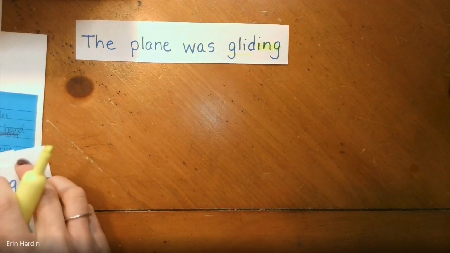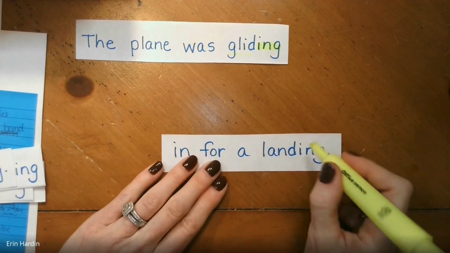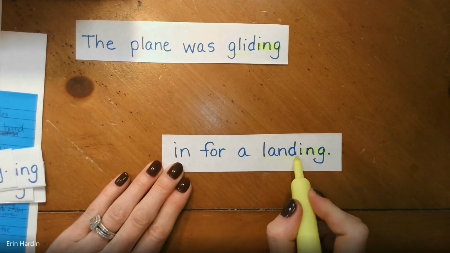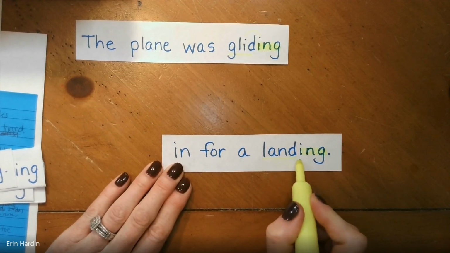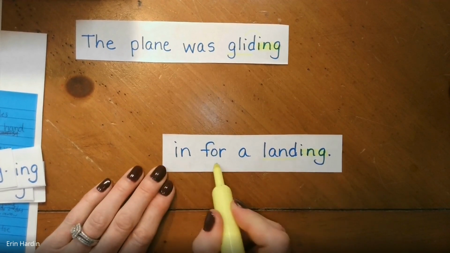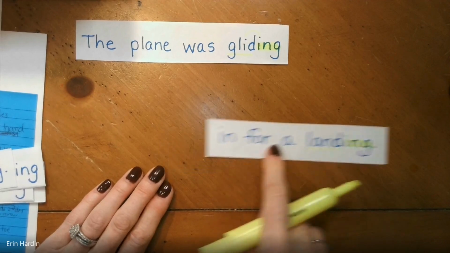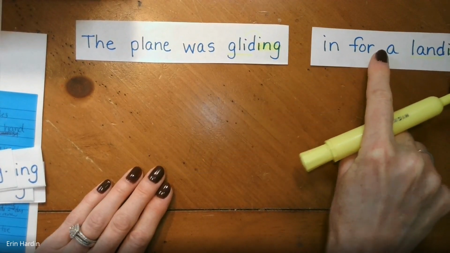And I'll have them go through one at a time. Find the ing. And here the base word is not a vowel consonant E word. Land, landing, in for a landing. And that part is the ending sentence. So we're going to put that over on this side.